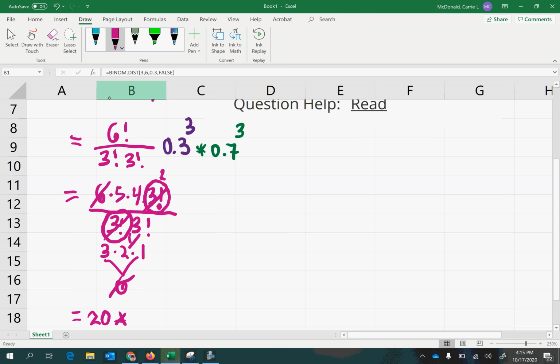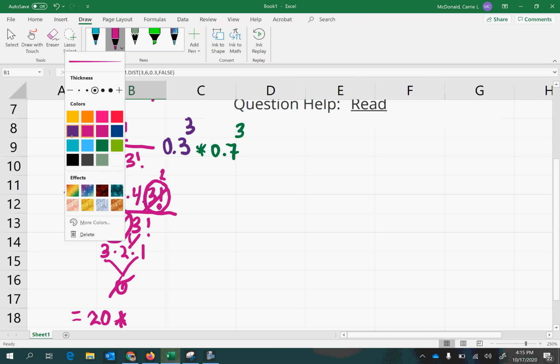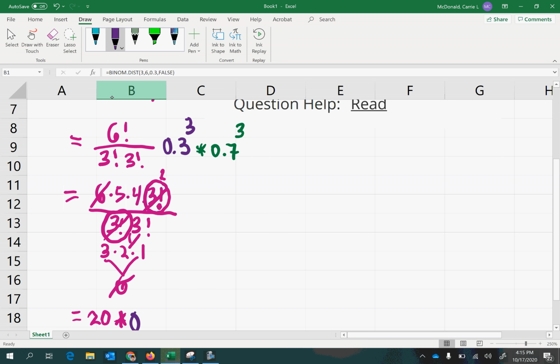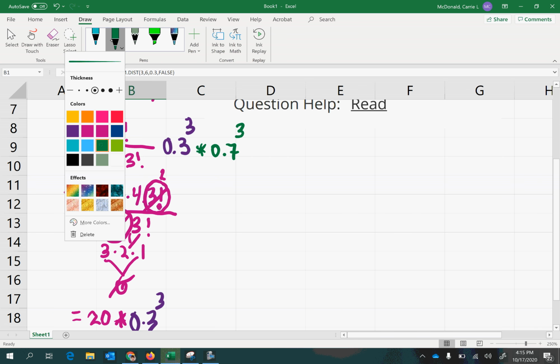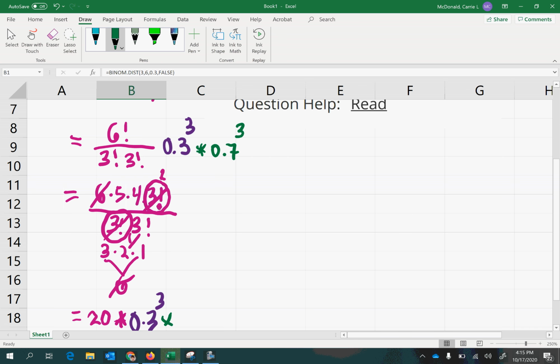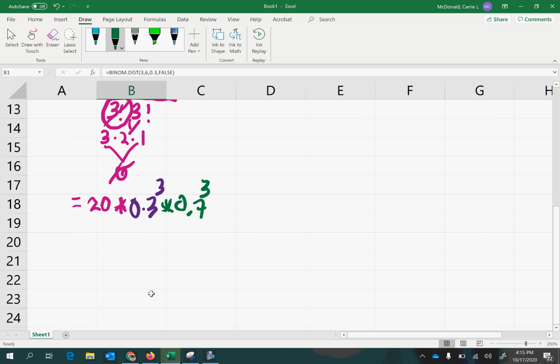And then we'll multiply it times the rest of the pieces here, and we will get the same answer that we got by using the binomial probability distribution formula in Excel.